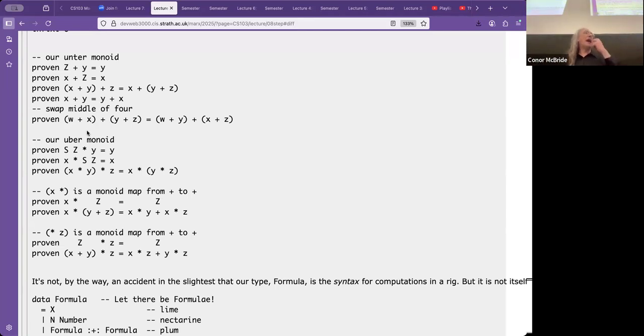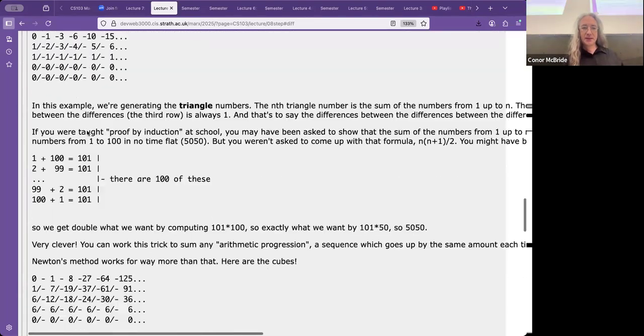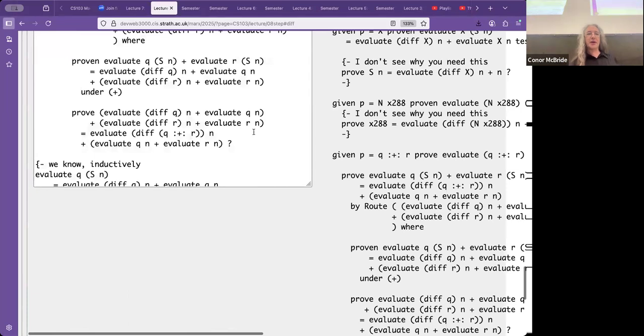And this is what we need to do here, because on the left-hand side of the equation, we've got them grouped in terms of what's to do with Q, what's to do with R. And on the right-hand side, the grouping is what's new, what's old.